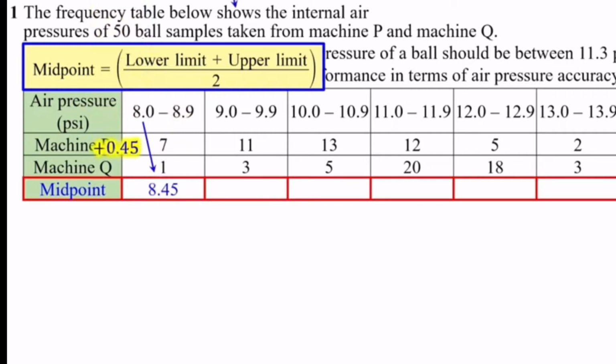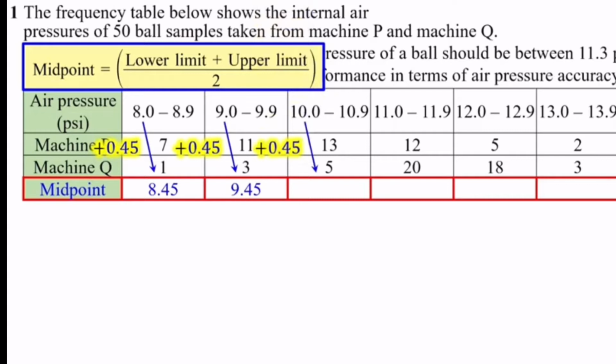That means the next midpoint should be lower limit plus 0.45, which is 9.45. And then the next one is 10.0 plus 0.45, which is 10.45.